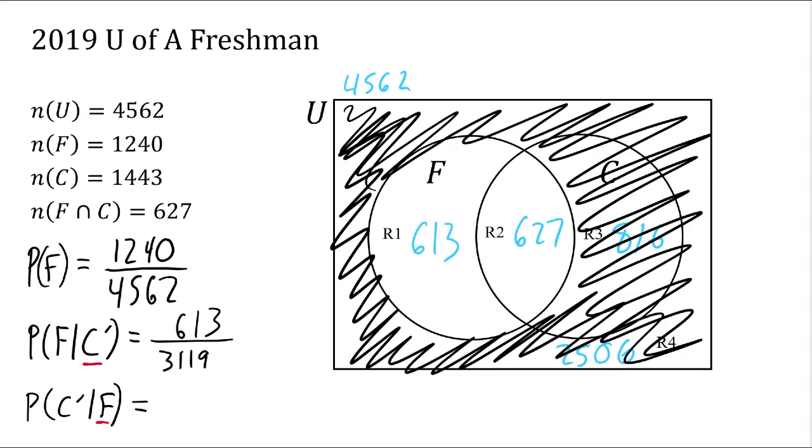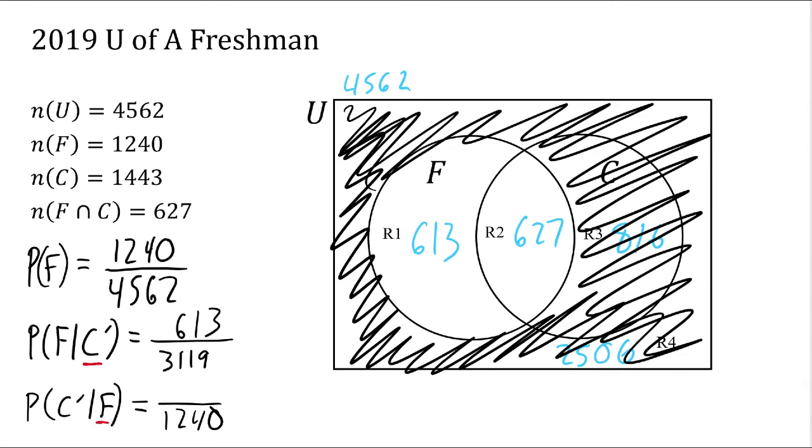Region 3, region 4, those are not relevant to this example because we were given that the students are in finite. So now we want to find our denominator. Our denominator would just be the region 1 and region 2 totals, which are just going to be the total number of students in finite, 1,240.